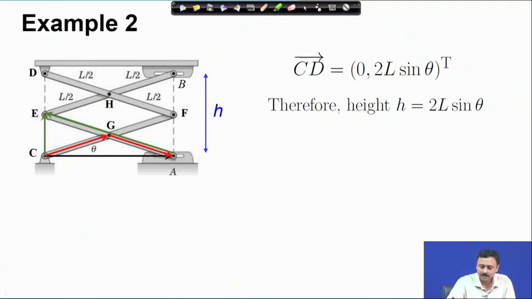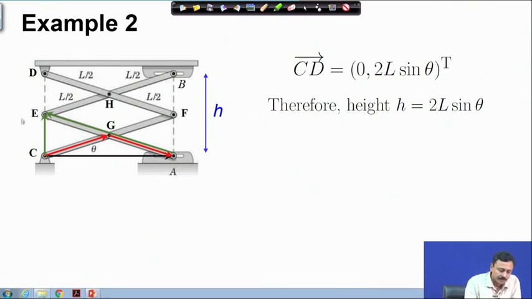Now we have two stages in this mechanism, this and this, both are L sin theta.